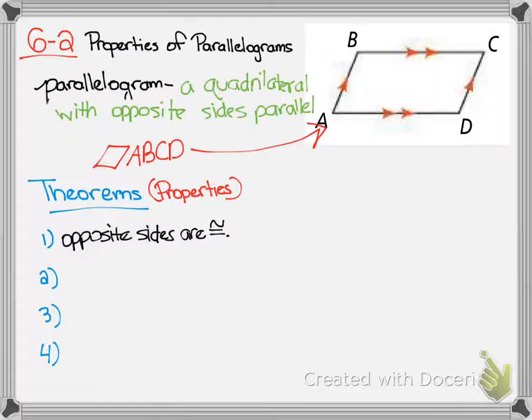So for instance here, AB would be congruent to CD, and AD would be congruent to BC. So we can write a little congruent mark to show that that is true. So opposite sides, both pairs, that's really, really important, are congruent.